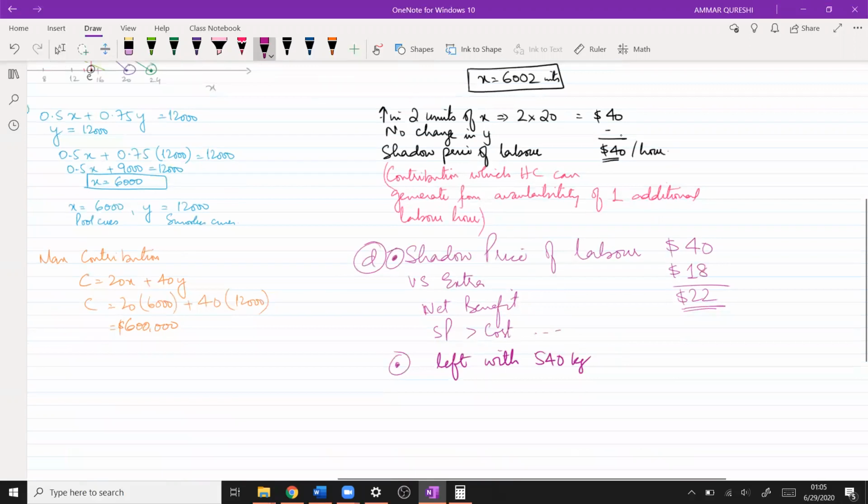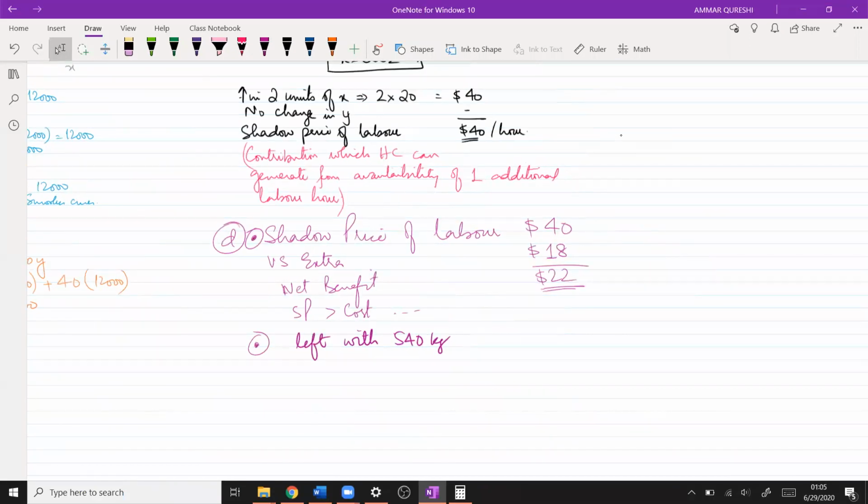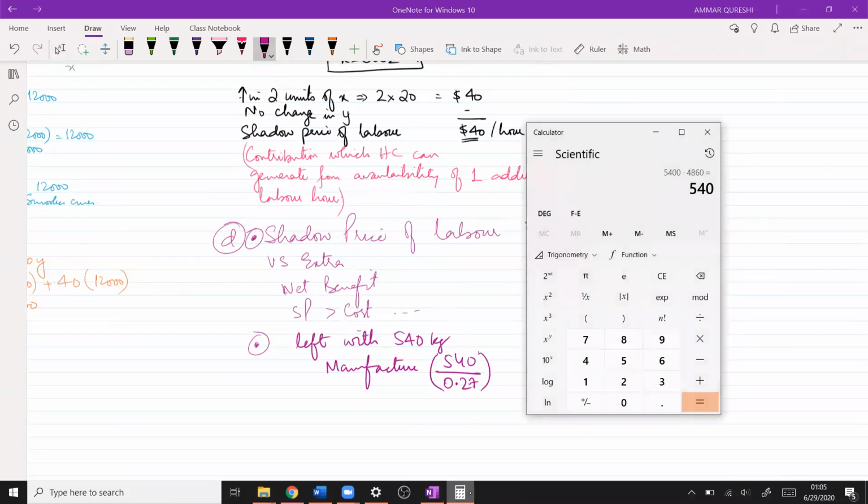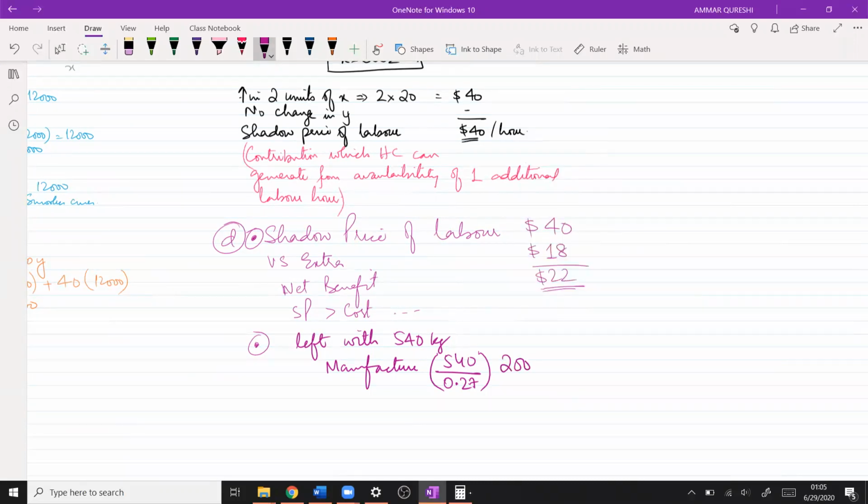Now, if you have 540 kilograms, how many units maximum can you manufacture? 540 divided by 0.27, 2000 units. We can manufacture 2000 units of X by using remaining or excessive material.